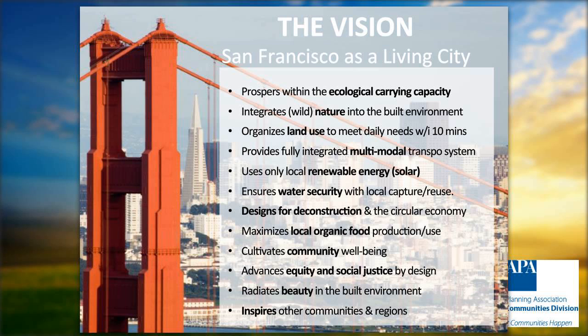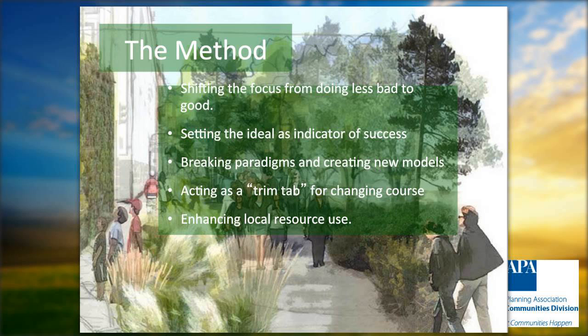One of the things that we found emerging from our work with the Institute was that there are some principles behind the approach, which we're calling the method here. And there are just some high-level principles that are helpful to have in mind as one goes forward. And those are, one, which Alicia already mentioned, if you remember that S graph with the red in the lower left quadrant, and regenerative green in the upper right quadrant, it's really shifting the focus of what we're doing from doing less bad to doing good, to set the ideal as the indicator of success.